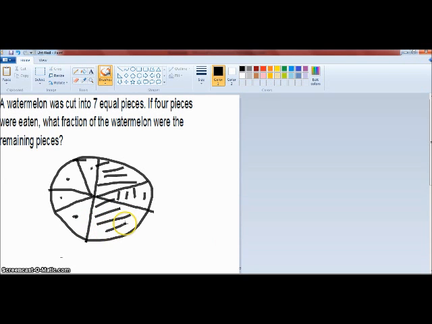So the ones which remained are 1, 2, 3. So 3 remained out of the pieces which were 7 in total, and this is our fraction. So our fraction is 3/7. 3/7 is the answer. Let us move on to question 3.